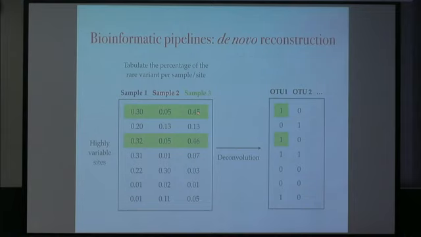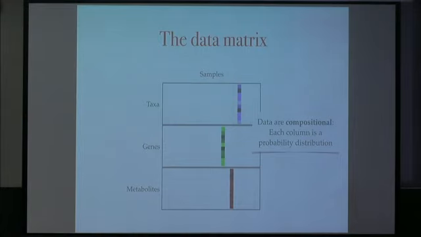Using different algorithms, which I won't describe for the moment, you can deconvolve this into a sequence of OTUs, where each column would be the mutation pattern for that bacterial species. Each column in this table would be a mixture of the columns in the table on the right. So this is just another way that you can obtain distributions of species.